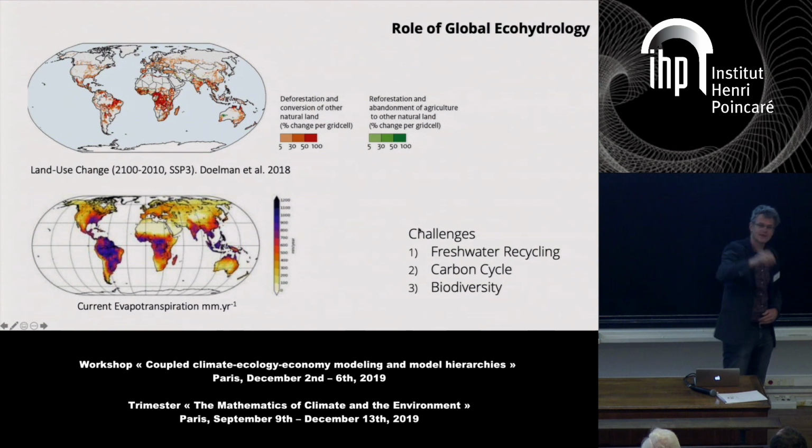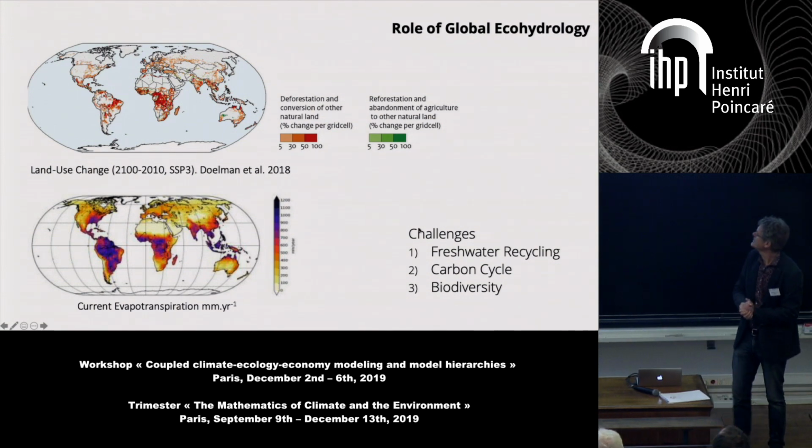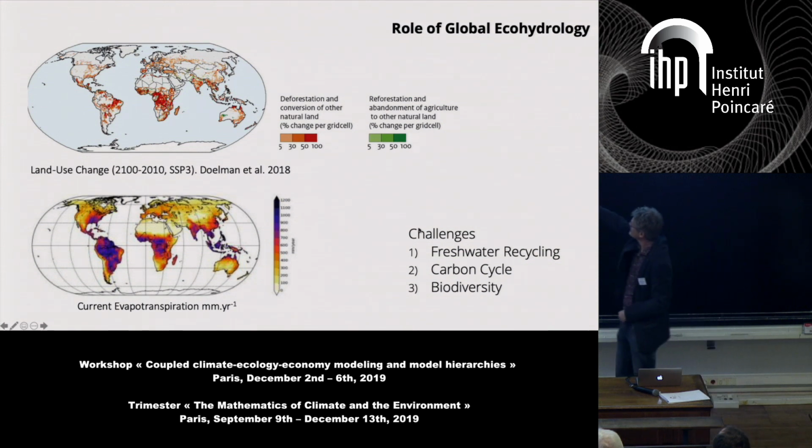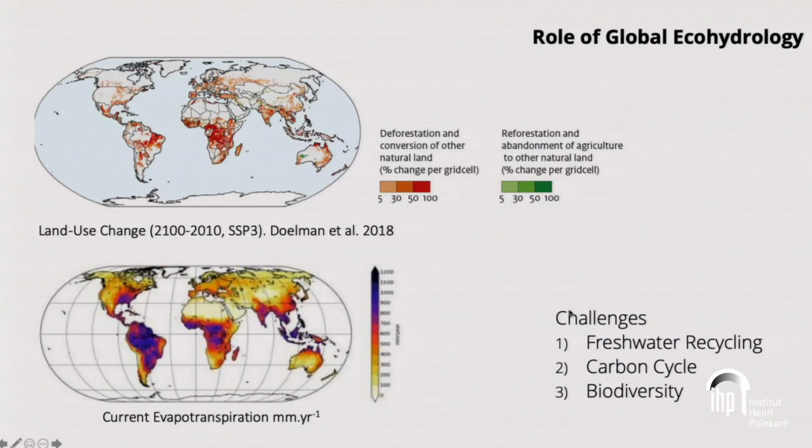And maybe this comes a little bit already to your question. So what we do know is that, here on the down left corner, we see more or less the current evapotranspiration fluxes. So the amount of evaporation and transpiration from the forested system. And of course the more evapotranspiration you have, the more forest cover there is.